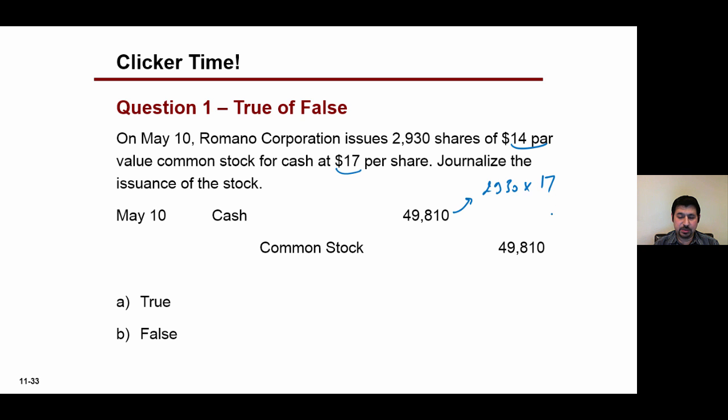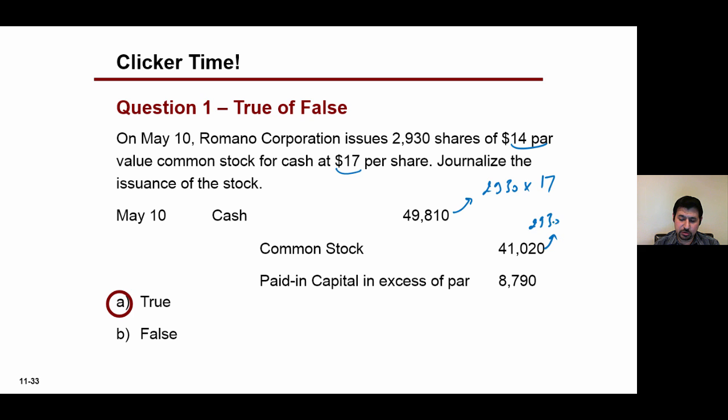However, will common stock be also debited the same? As we remember, common stock will always be credited the number of stocks issued multiplied by the par value. So actually, this is the correct answer.